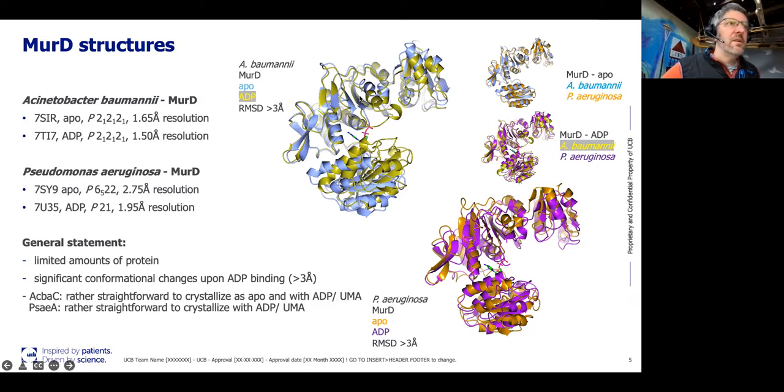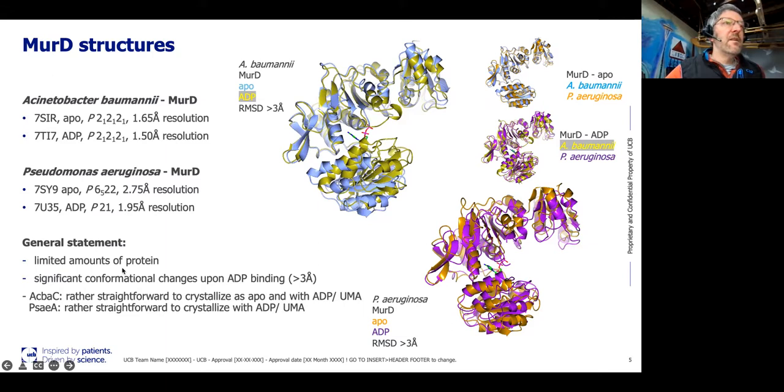There's a distinct conformational change, sort of this Pac-Man move. It opens and closes with an RMSD of more than 3 angstrom. And the same we observe for the Pseudomonas one. Here is a superposition of both APO and both ADP bound structures, and they superimpose a bit better, but we're still in the range of 1.5, 1.8 angstrom RMSD.